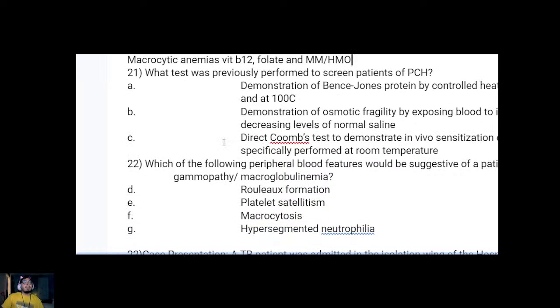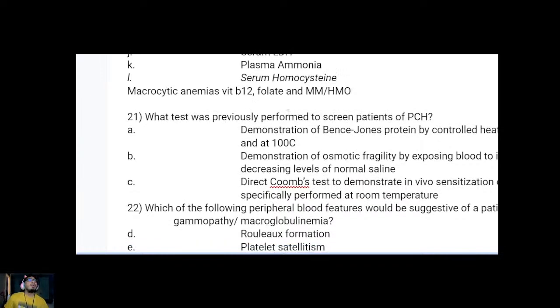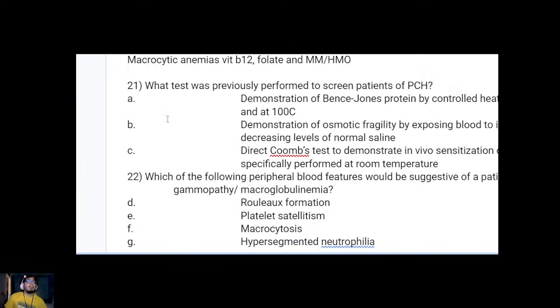Yun yung mga mini-measure nila. Clear ba tayo, class? Sana nakaka-follow pa. Tapos naman na ang exam, pero baka may magre-repeat, so that's the reason why we're doing the rationale for you.